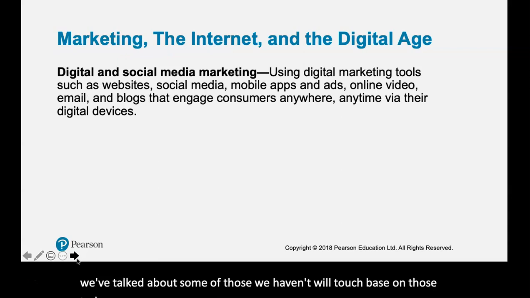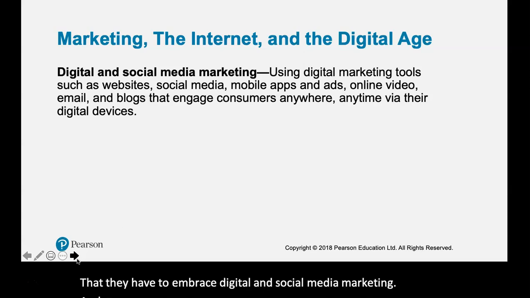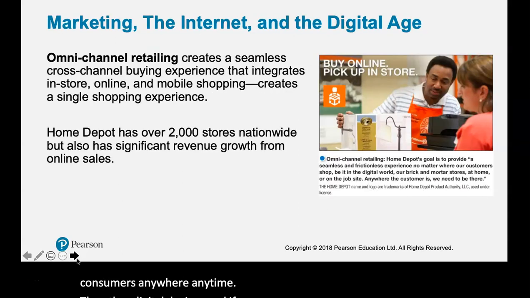So companies know that they have to embrace digital and social media marketing. And by using these tools, they can reach more consumers and engage more consumers anywhere, anytime via their digital devices. And if you take a look at companies today, they have transitioned to more of an omni-channel retail situation.